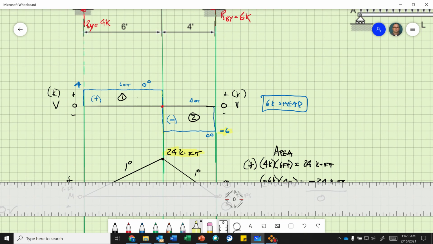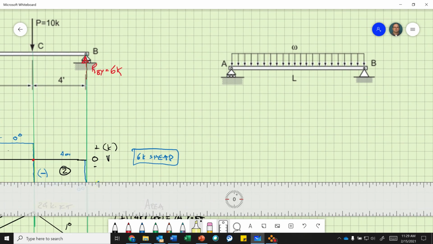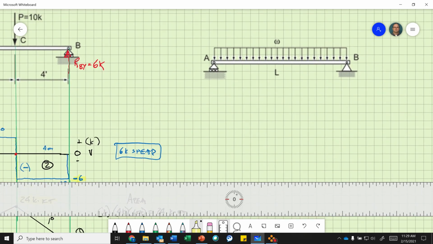Okay, so let's do the next one. So I'm just going to slide this over. All right, so here we go. This is this problem. We know, again, we want to use the original free body diagram. This equals 100 pounds per foot.